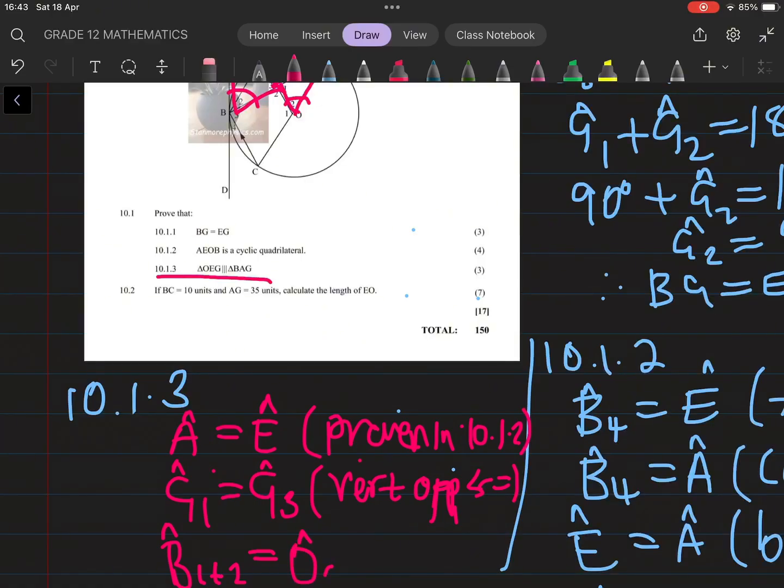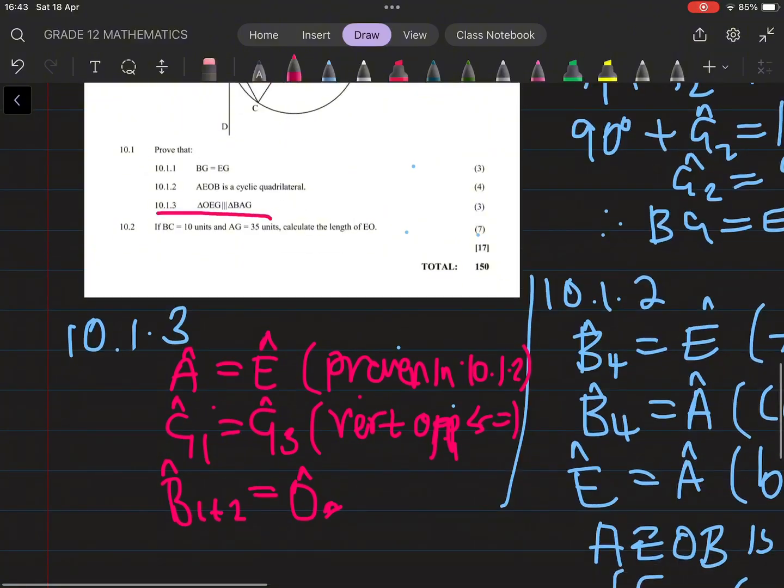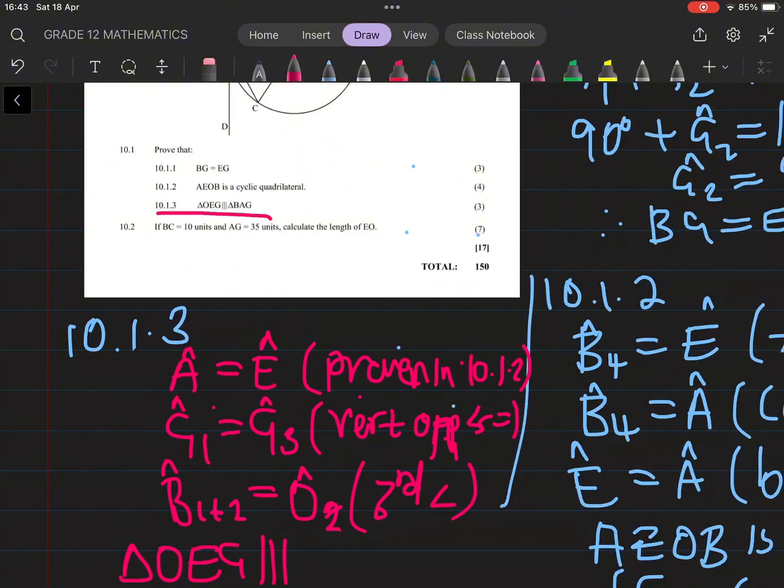We can say third angle, or we can also say we have proven that AEOB is a cyclic quad and they're in the same segment. Right. So now we can conclude that triangle OEG is similar to triangle BAG, reason being angle.